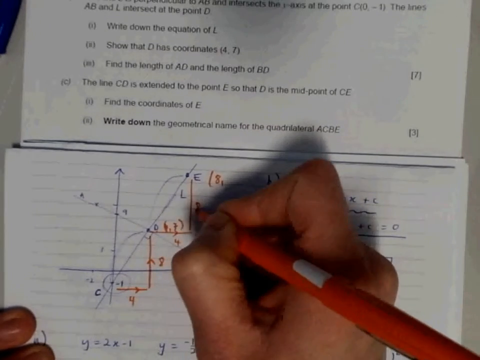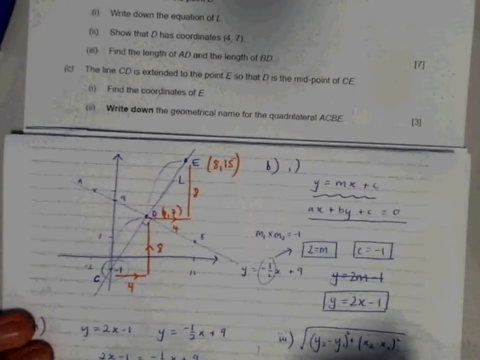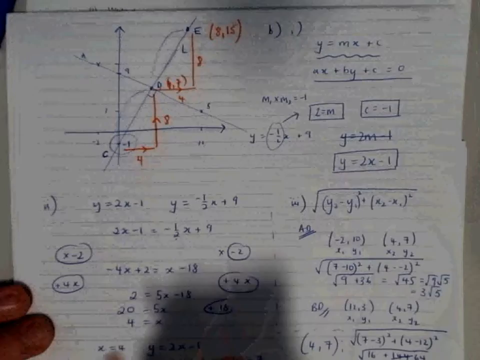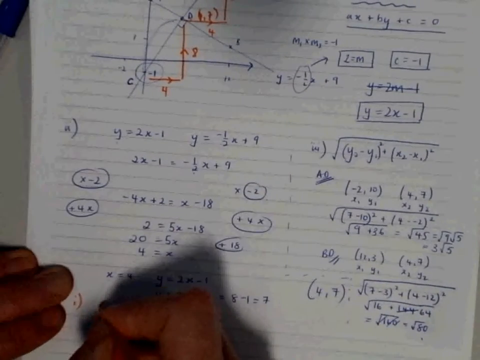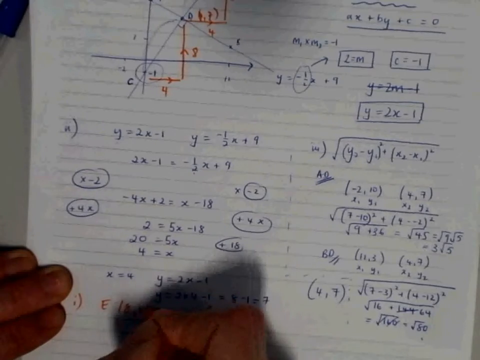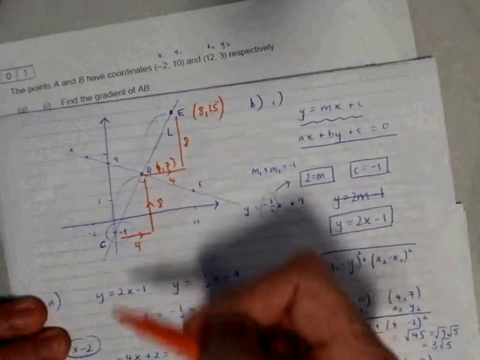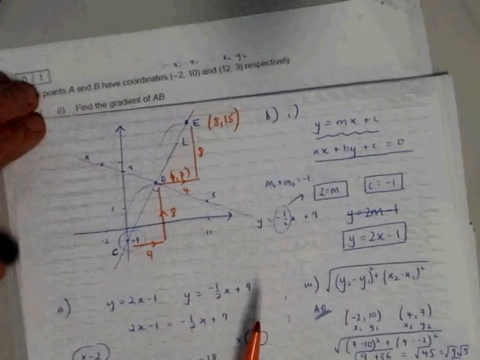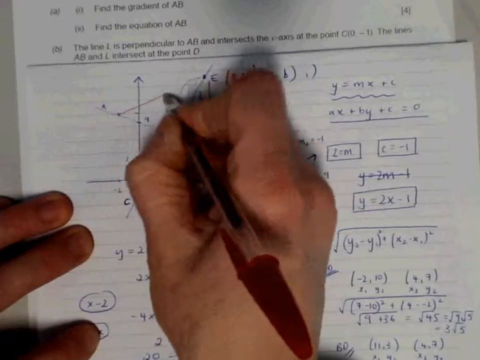So if I've got to go up another 8 squares, 7 plus 8 gives you 15. So E is going to be at 8, 15. So part C, part 1, E is going to be 8, 15.